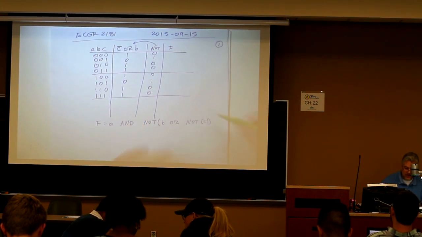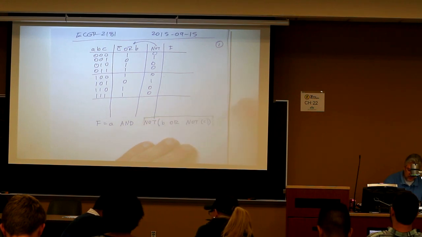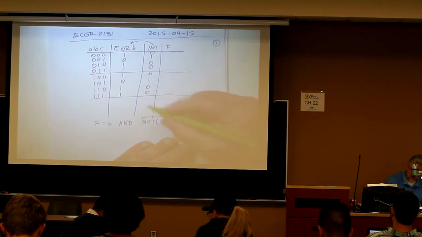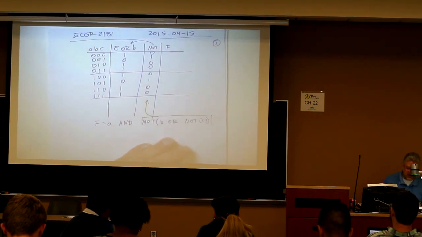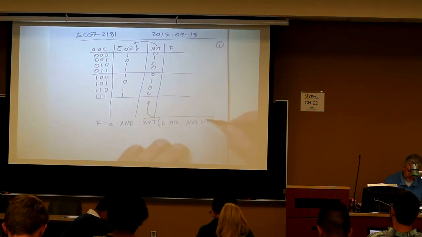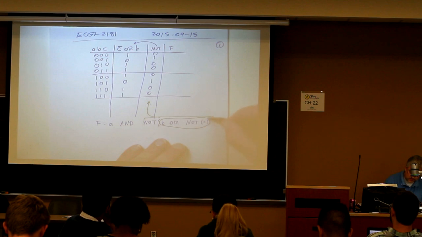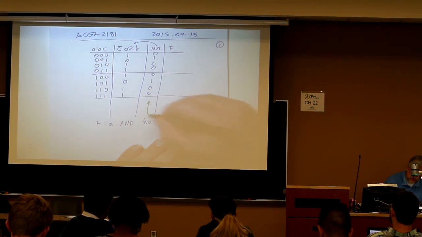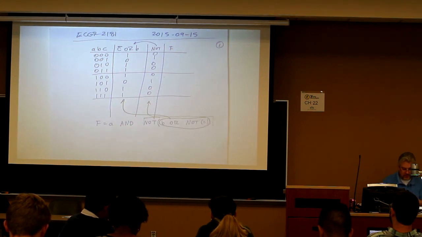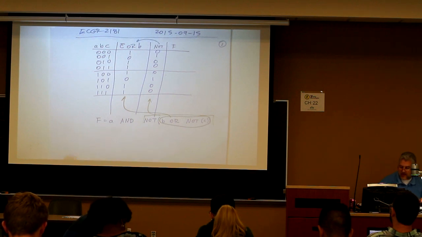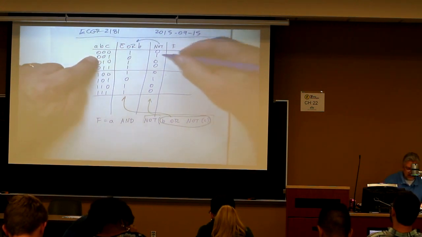So again, this is associated with this column. And this is associated with this column. And so now all we have to do is AND A and this column.